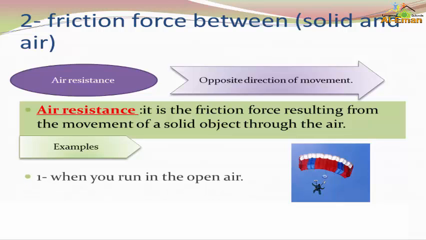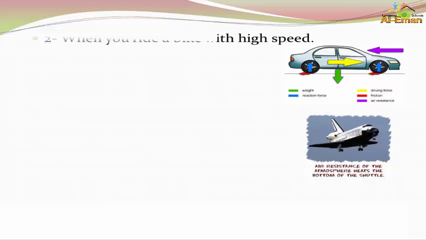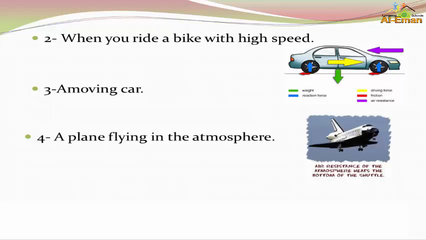For example, when you run in the open air, there is an air resistance effect on your body. Okay? Number 2, another example, when you ride a bike with a high speed. Number 3, moving a car or a plane in the atmosphere.